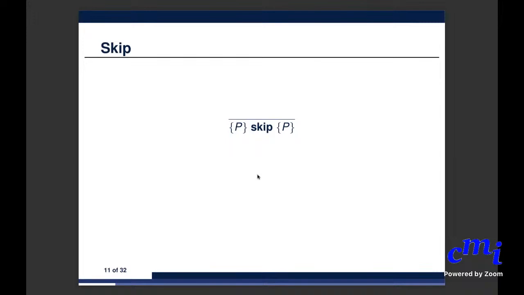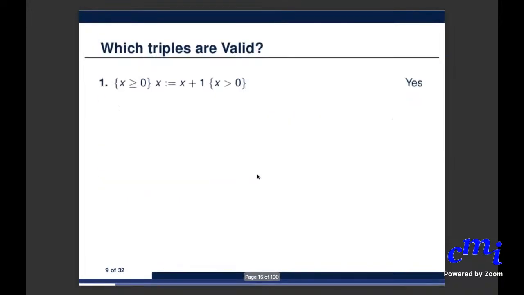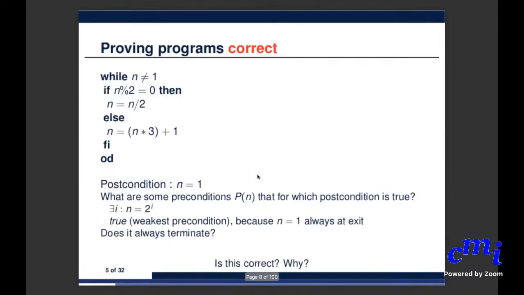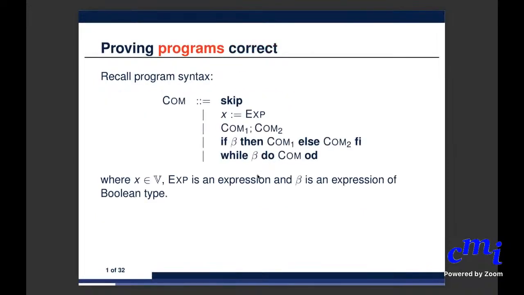Okay, so what does Hoare logic have? I introduced this simple program. Hoare logic has a bunch of inference rules. Remember how we formally defined propositional logic and first order predicate logic.